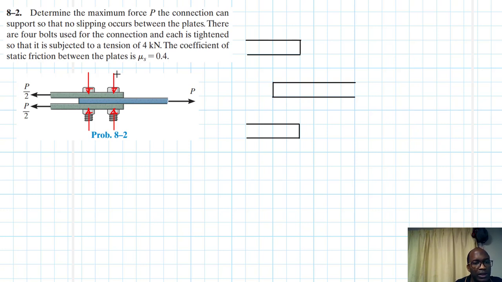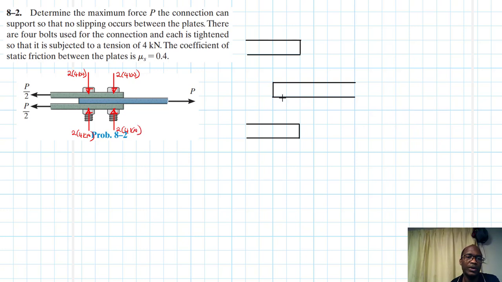So here we are saying this is 2 by 4 kilonewtons, and also this one is 2 by 4 kilonewtons. This is also 2 by 4 kilonewtons this side, and also this one is 2 by 4 kilonewtons.